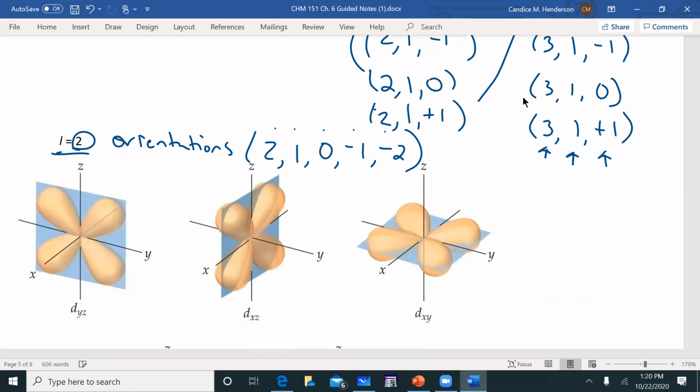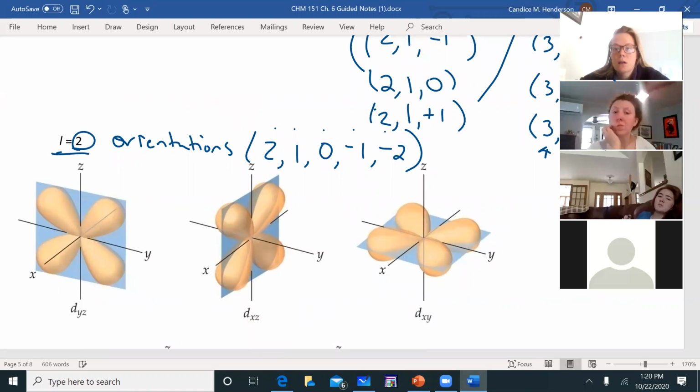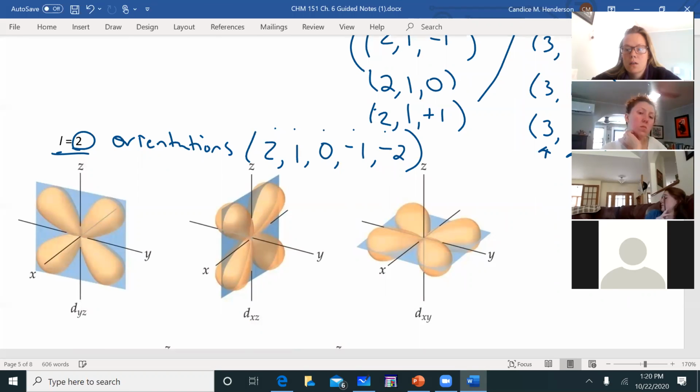I'm still confused on how you're figuring out the orientation. How are you getting +1s and -1s? That's just the rule of thumb. You just take your L value and you go from integer positive L to integer negative value. So it can always have a possible orientation of 0, -1, and +1?